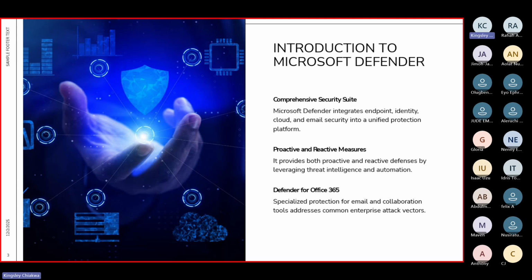Like I said, there's endpoint, which means devices: mobile phones, systems, IoTs, anything that has to do with devices. Identity, cloud, and email security, that is securing your emails. So it unifies everything into a unified protection platform.